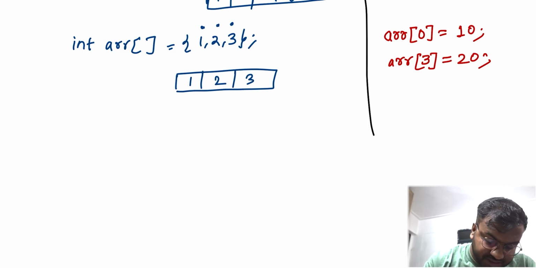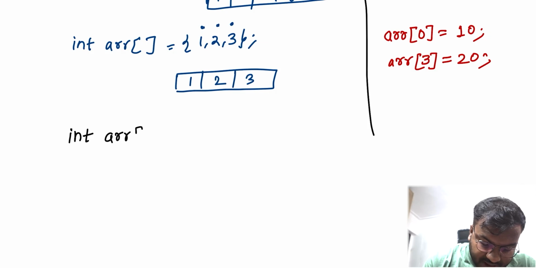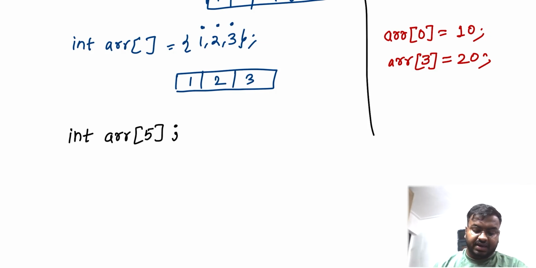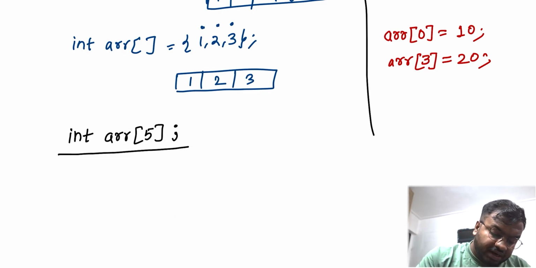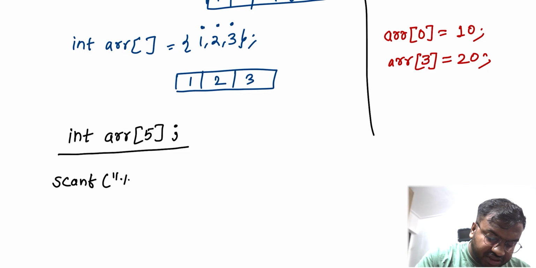For example, I will create an array of size 5. This is my array of size 5, and it will store 5 integer type values. How can we take input from the user? The user can use the scanf function to take input. So scanf %d.